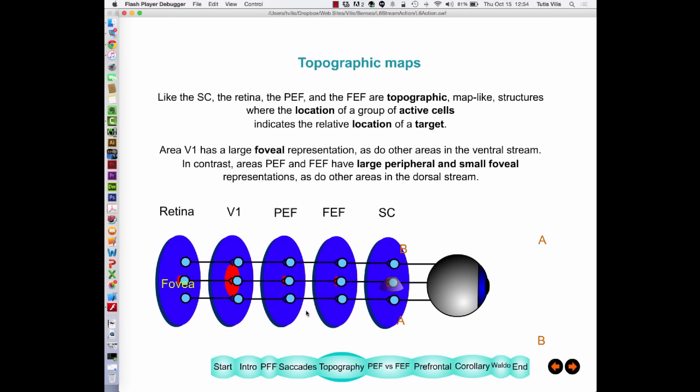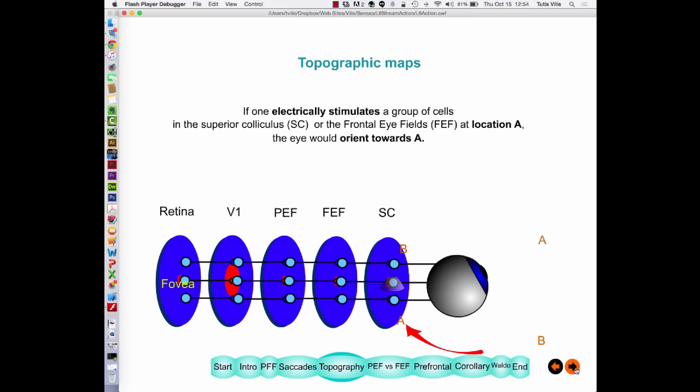These areas here care about where objects are in your periphery. So they have a large peripheral representation and a small foveal representation. The other thing here is if you, either because an object appears here or you stimulate it, if an object appears here, this activates neurons here, which turns the eye towards the object.